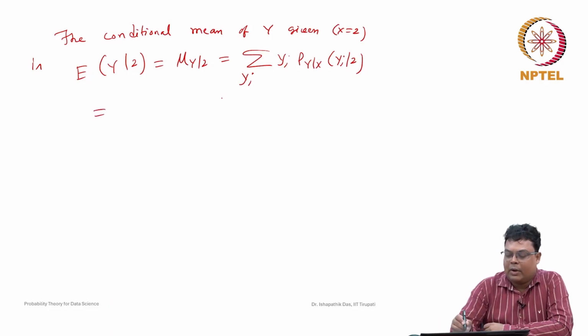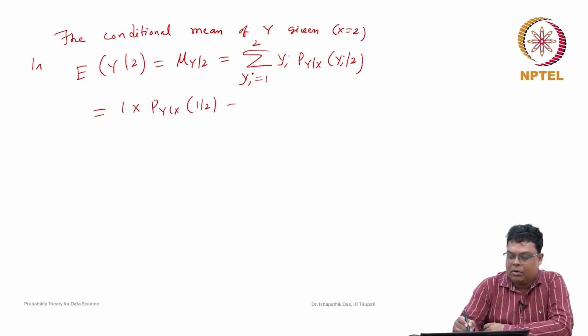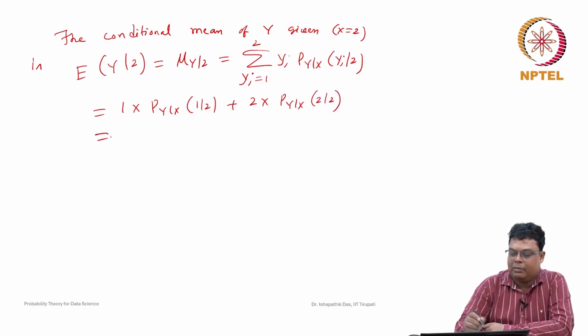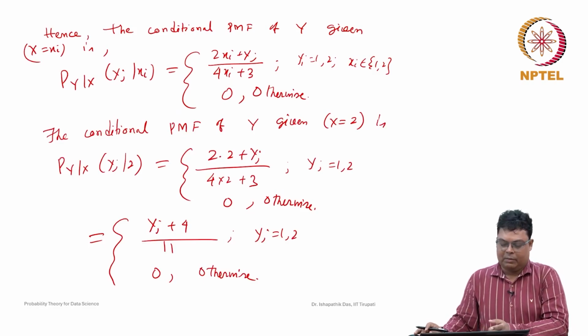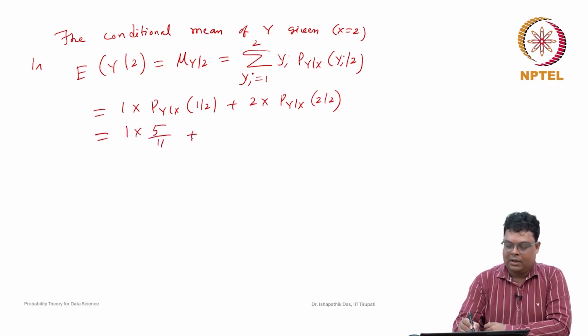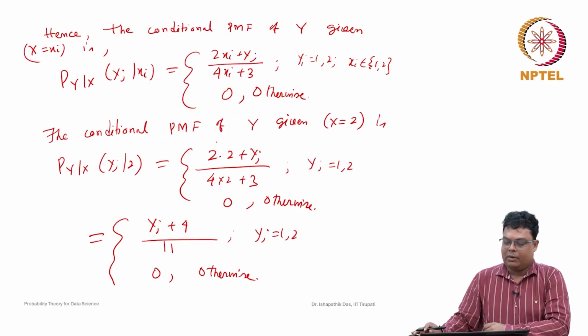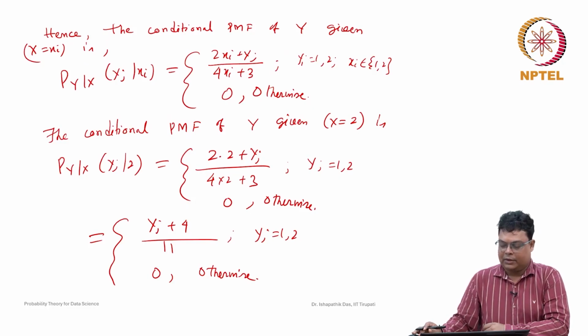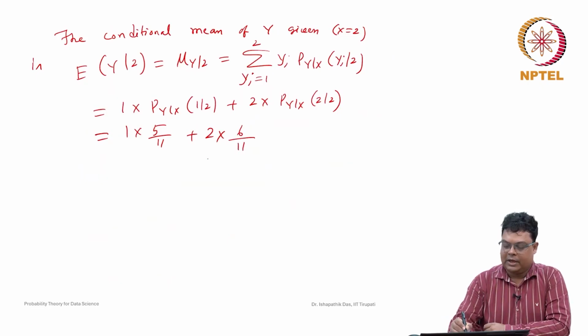Y_j can take the values 1 and 2, so this is 1 into the probability of y equal to 1 given x equal to 2, plus 2 into the probability of y equal to 2 given x equal to 2. Putting in the values, this is 1 into 5 by 11 plus 2 into 6 by 11, which is 5 plus 12 by 11.